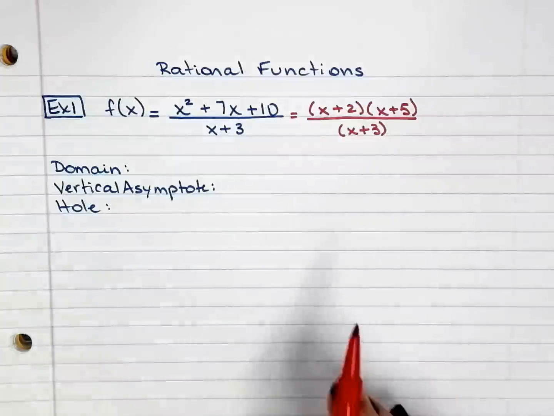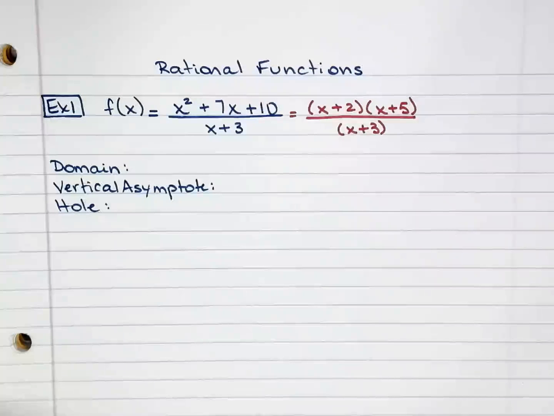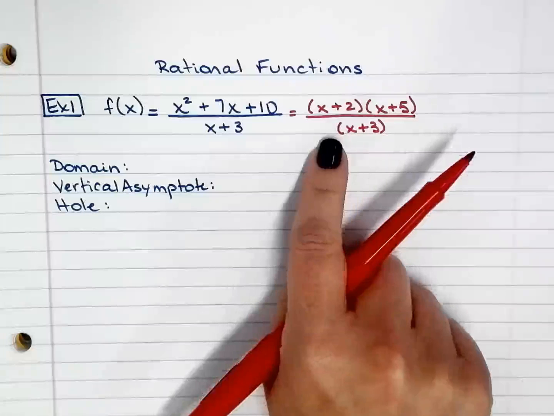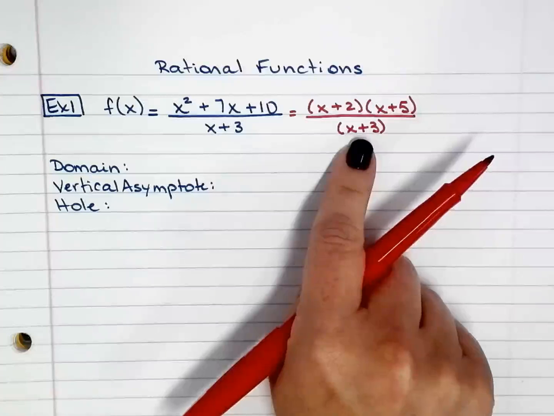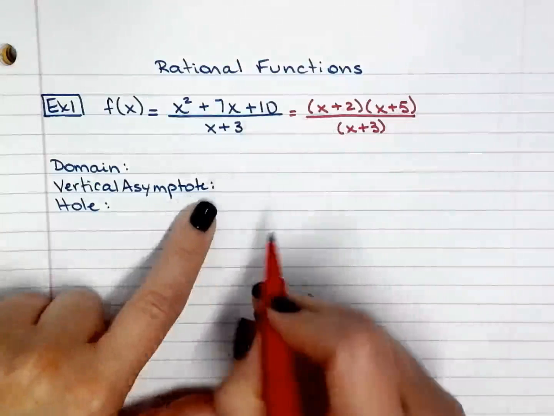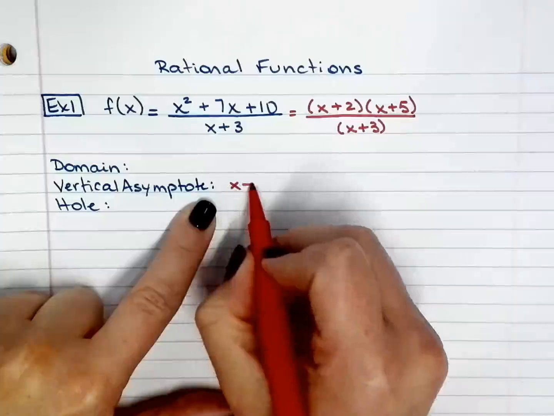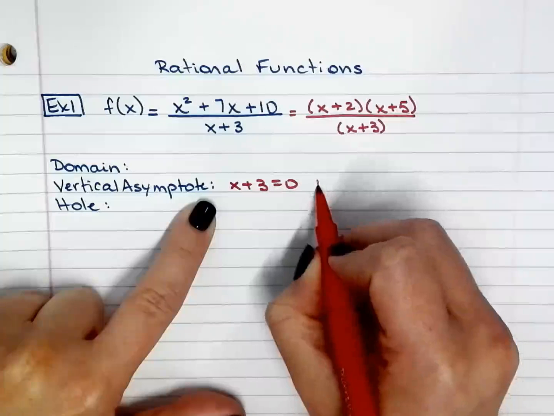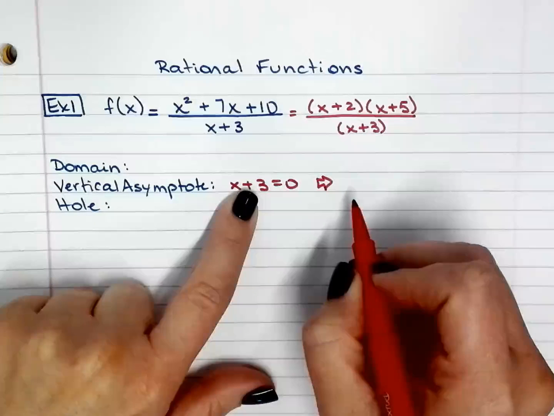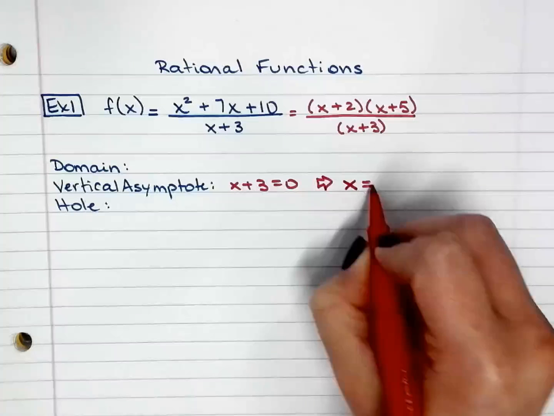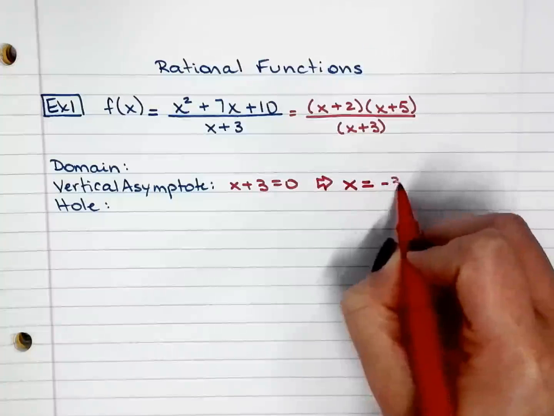Okay, how do we find the vertical asymptote? The vertical asymptote is the easiest one for you to find. You take the denominator, set it equal to 0, and then solve. I have x plus 3, set it equal to 0, and subtract 3 from both sides, so the vertical asymptote will be x equals -3.